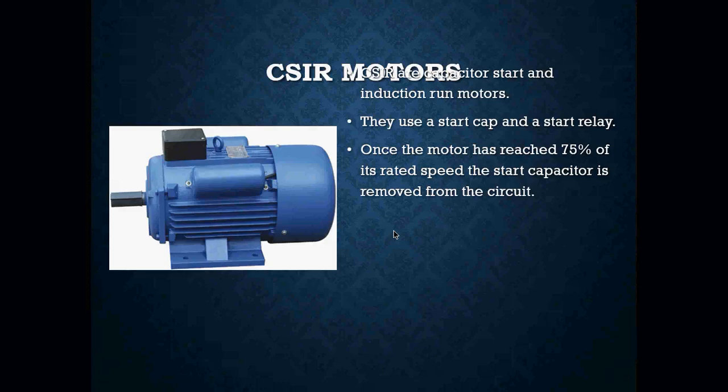The next one that we are going to get into is your CSCR motor, which is a capacitor start and induction run motor. They use a start cap and a start relay. Once the motor reaches 75% of its rated speed, the start capacitor is removed from the circuit.